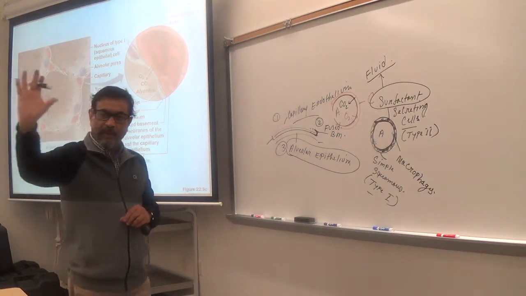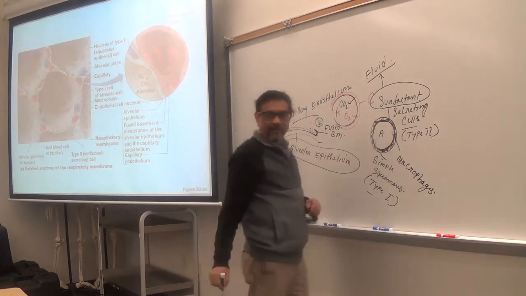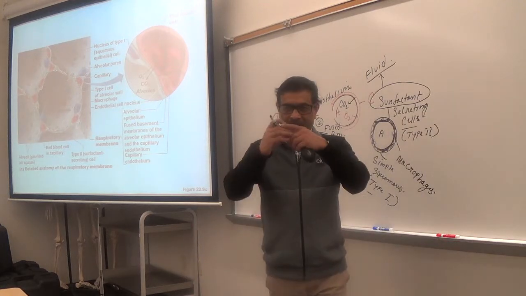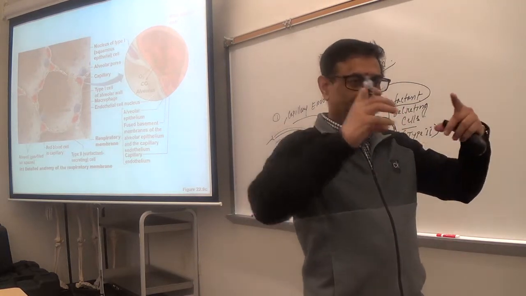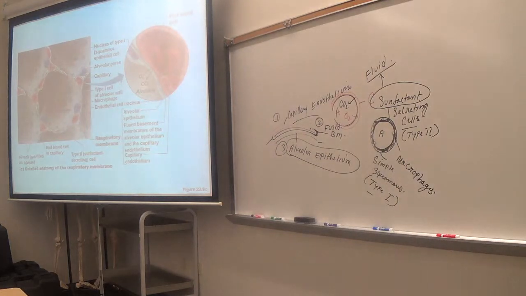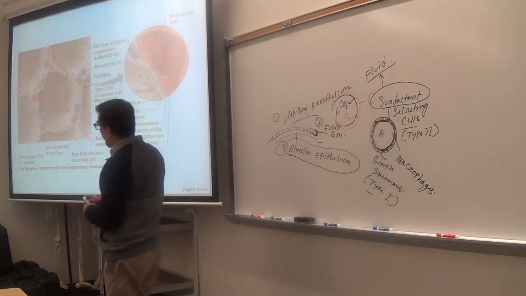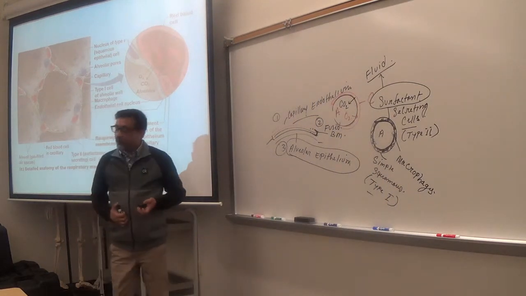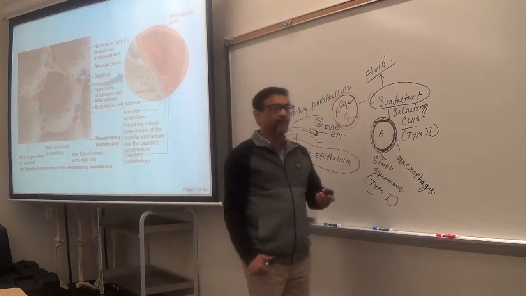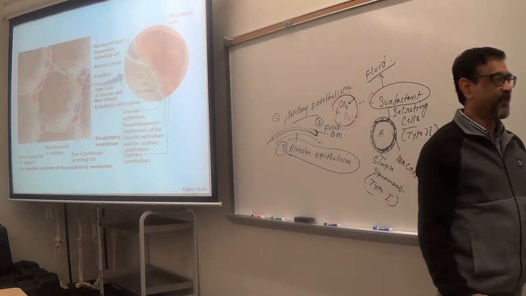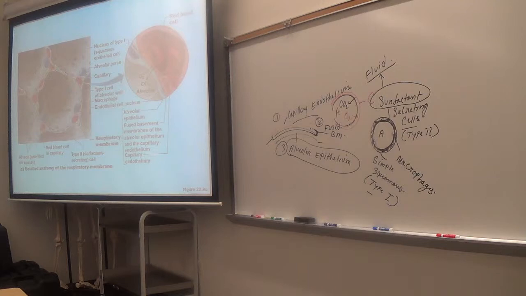Will not open. So very important, right? When you inhale, the alveoli expand. So that will not happen. It will remain collapsed if surfactant is not there. So very important fluid secreted by type 2 cells to keep the alveoli open, prevents collapse of the alveoli.